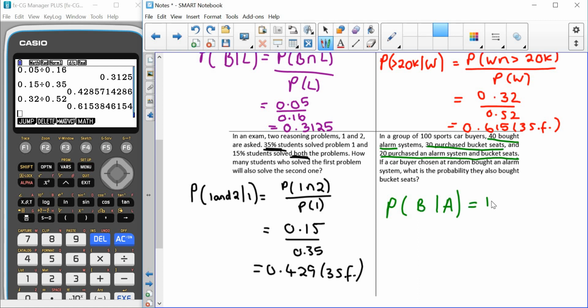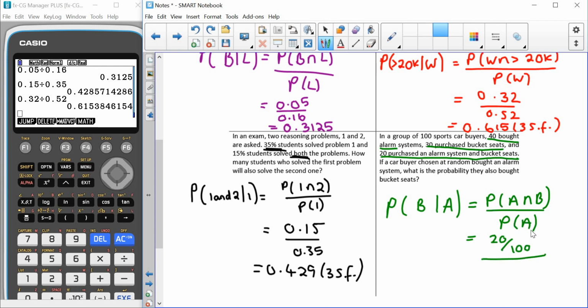So we're looking at the probability of A and B over the probability of A. So alarm and bucket seats, 20 purchased an alarm and bucket seats, so that's our 20 out of 100. Remember, we're talking about probabilities here.